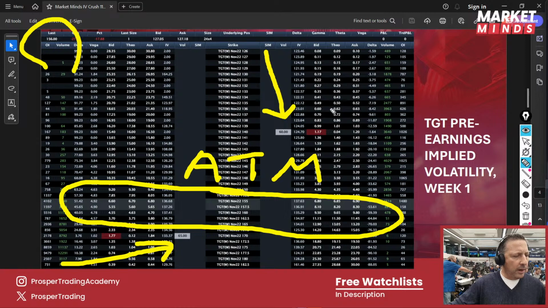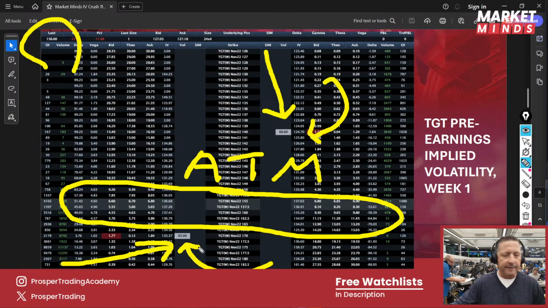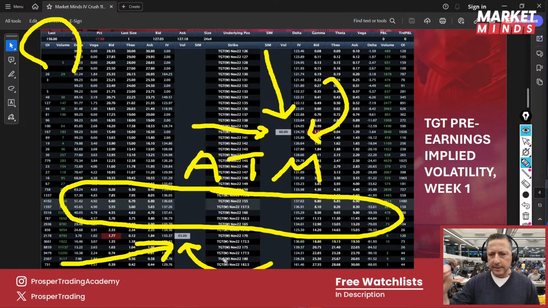I was keying in on the 140 to the downside and the 170 on the upside. And you can see, this was at the close of the market yesterday. You can see what I put in here, where I thought that volatility was going to go down to today. Does everybody see that? That was the vol crush I was pricing in to the market.